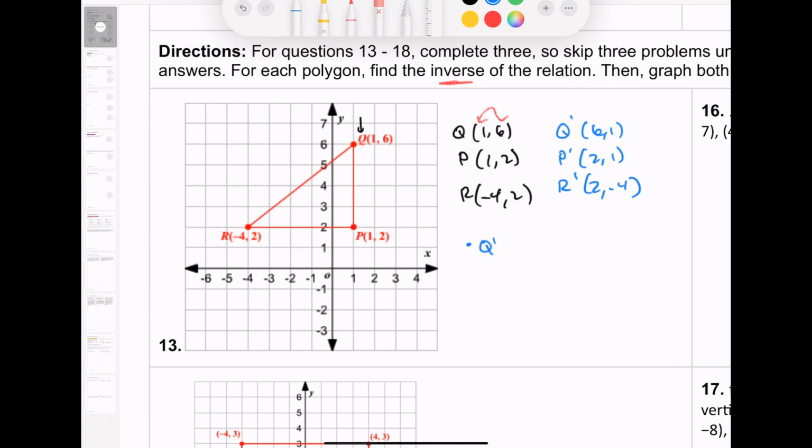This is Q prime. Right 2, up 1. This is P prime. R prime right 2, down 4. And this will be R prime. Let's connect the dots. And again, you'll notice that if I graph y equals x, so if x is negative 1, y is negative 1, x is positive 1, y is positive 1, it's reflected over that yellow line.